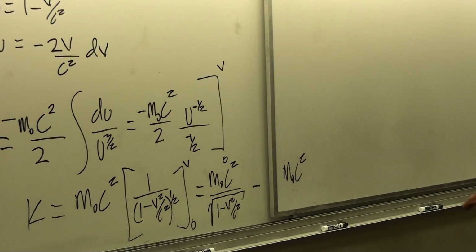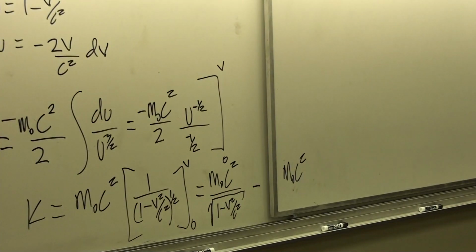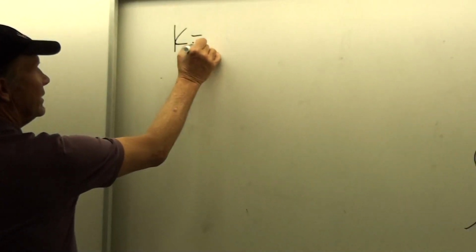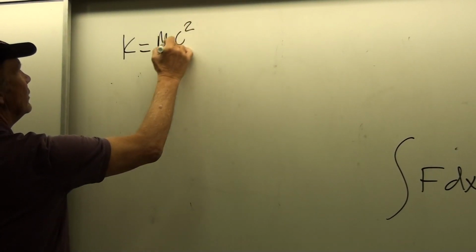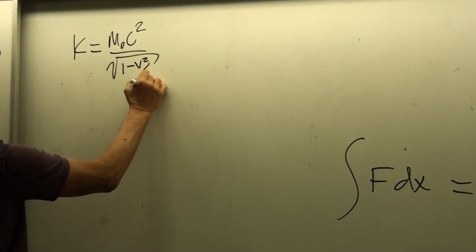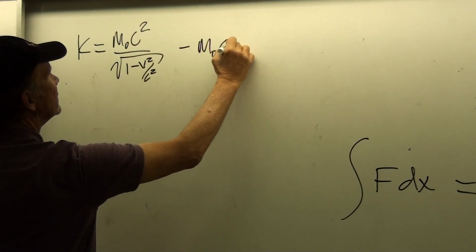This may not look quite like E equals mc squared yet, but let's just take that result, move it over to this side. We've got that result as k equals m naught c squared divided by square root of 1 minus v squared over c squared minus m naught c squared.